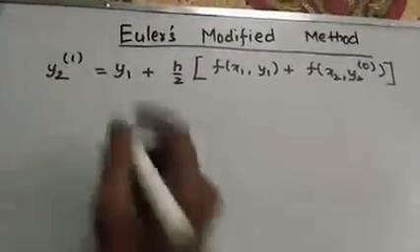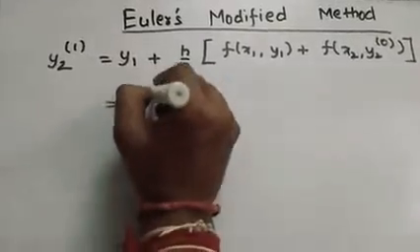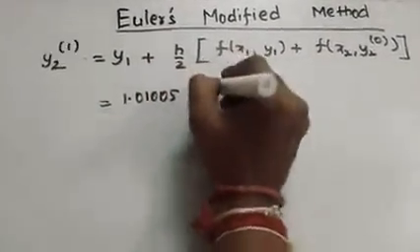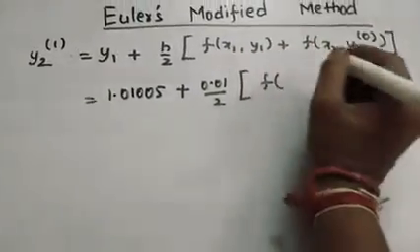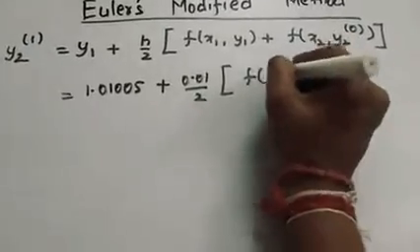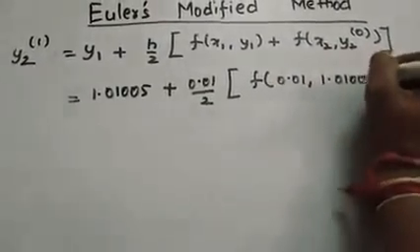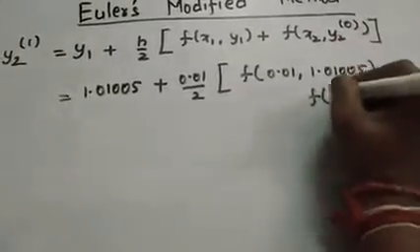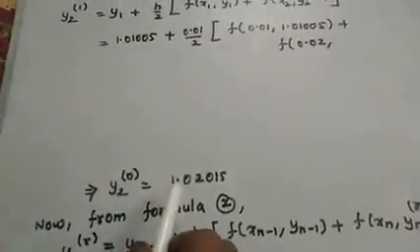Now let us put in the value of y1, the modified value we solved earlier. h is 0.01 divided by 2, f of x1, where x1 is 0.01 and y1 is 1.01005, plus f of x2, that is 0.02, and y2 of 0, which is 1.02015.